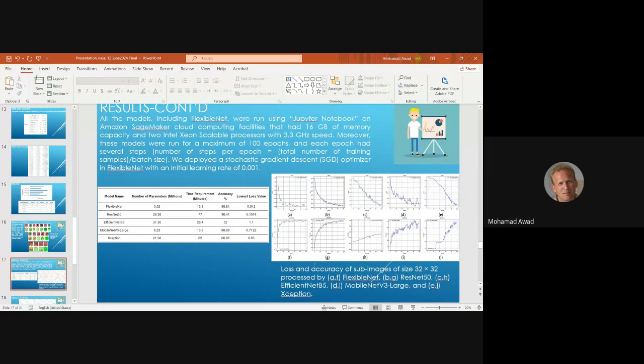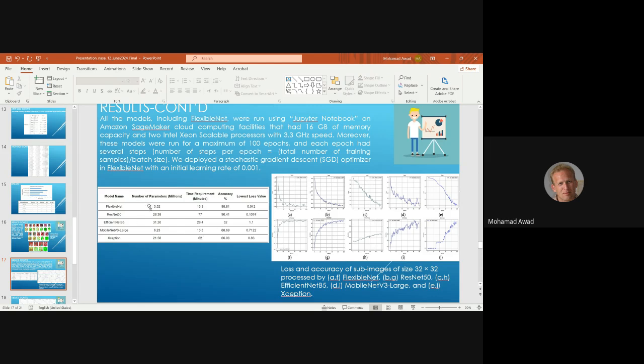We did some experiments on FlexibleNet using these three data sets, and we compared them to very well-known convolutional neural networks, large and light ones. We can see that the first one was FlexibleNet with the highest accuracy compared to ResNet 50, with 96.41% accuracy. I'm talking here about the data set of sub-images with size 32 by 32.